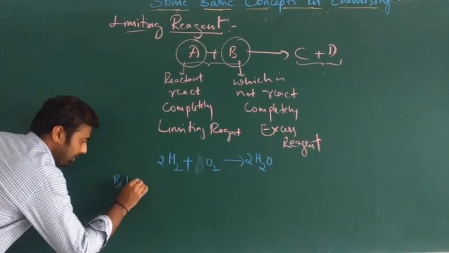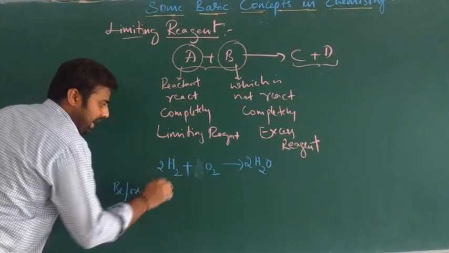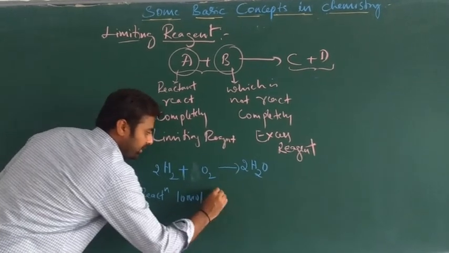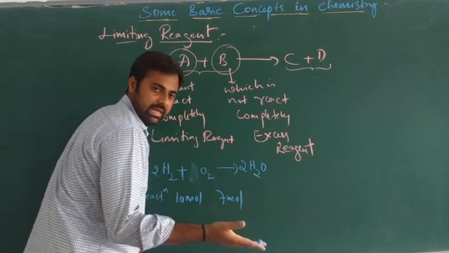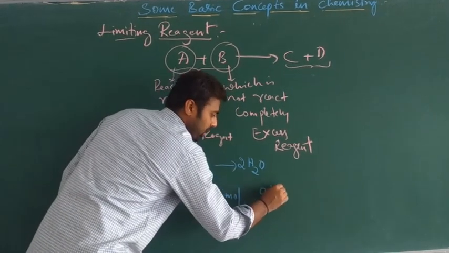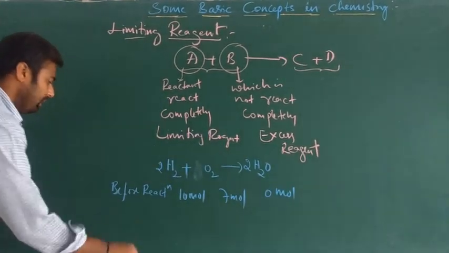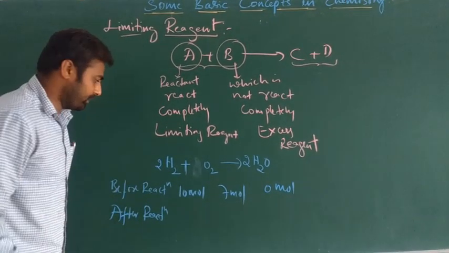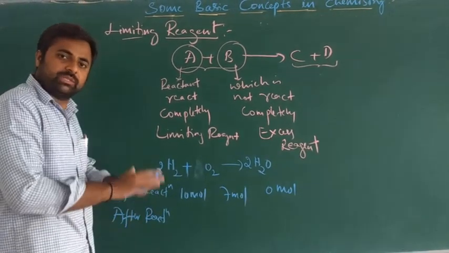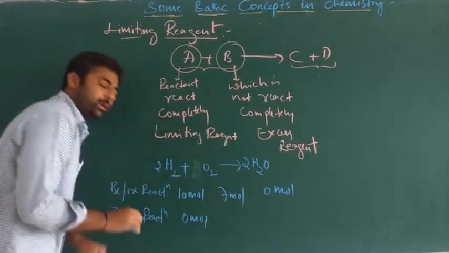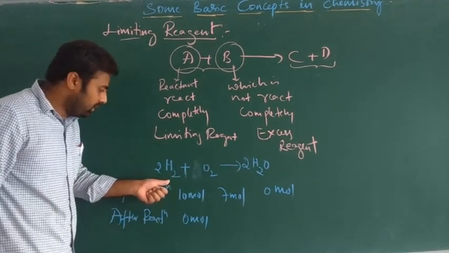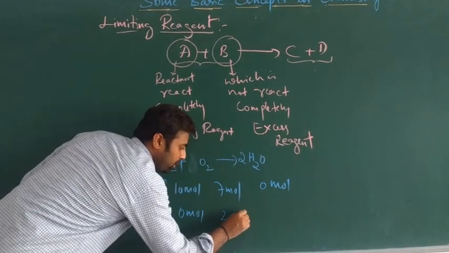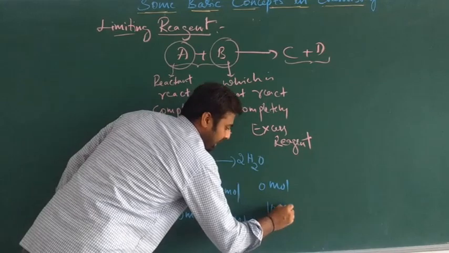Before the reaction, hydrogen is 10 mole, oxygen is 7 mole, and there is no formation of water, so water is 0 mole. After the reaction, hydrogen is consumed completely, that means 0 mole, but oxygen will be 2 mole and water will be 10 mole.